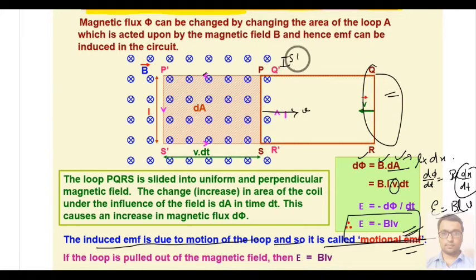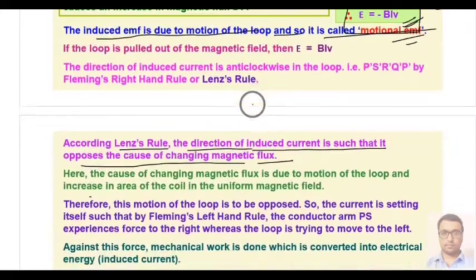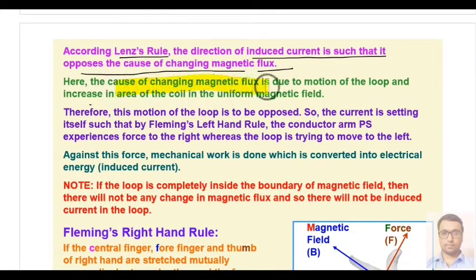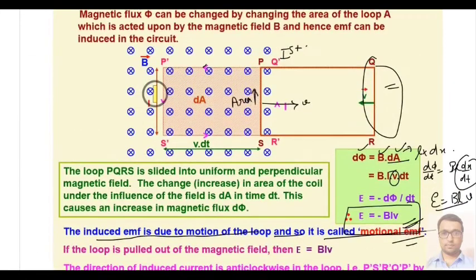In the first process, the rod is moving towards the right, so this area will increase. As you can see here, the cause of the change in magnetic flux is the motion of the loop and the increase in area. If the area increases, that means the rod is moving towards the right, then the magnetic flux is increasing into the plane of the paper.